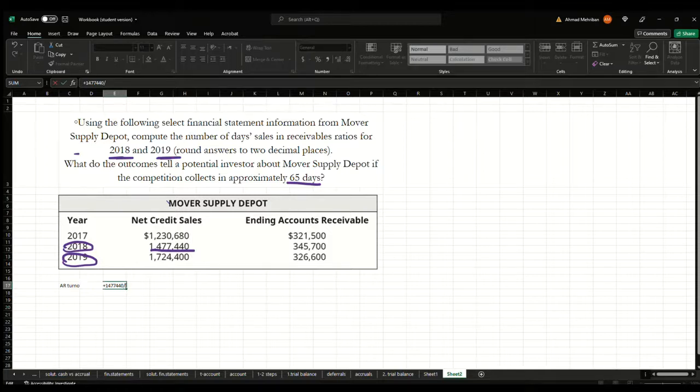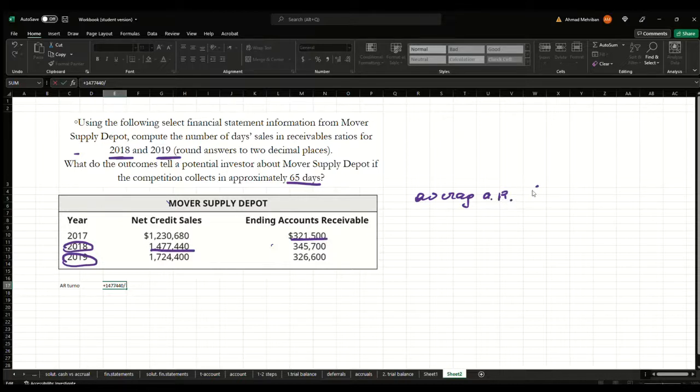I can just do it the formula way, divided by the average. How do we calculate the average? Average accounts receivable is calculated as the beginning plus the ending, divided by 2. For 2018, the beginning is going to be the ending of 2017. Whatever the end of 2017 is, that is the beginning of 2018.